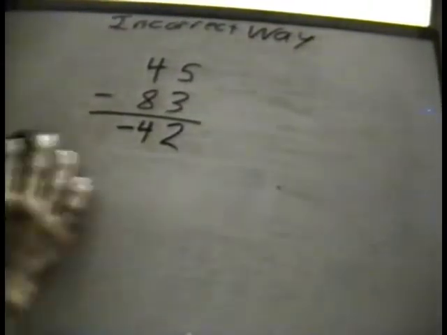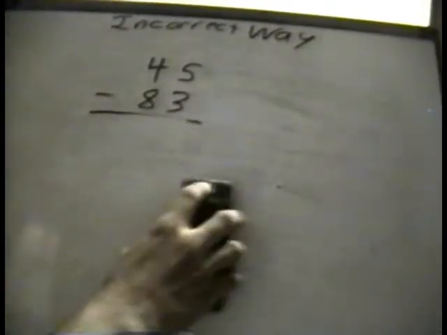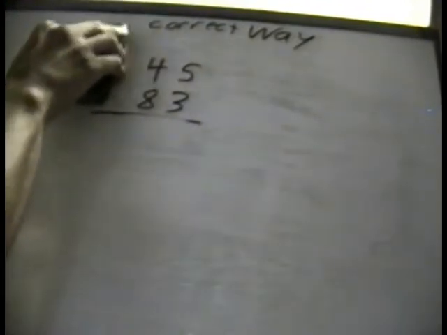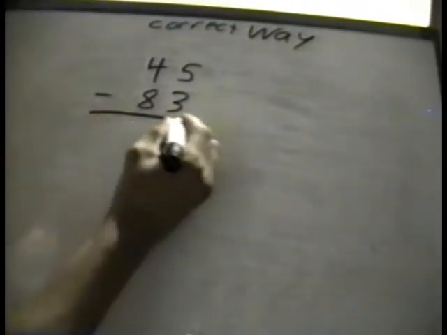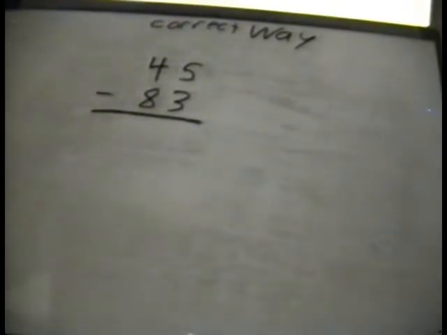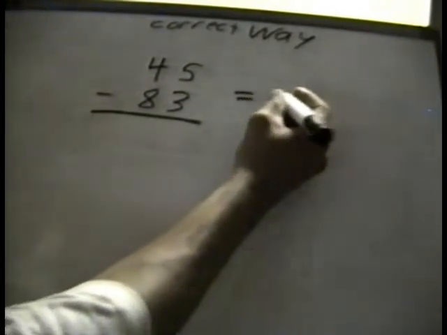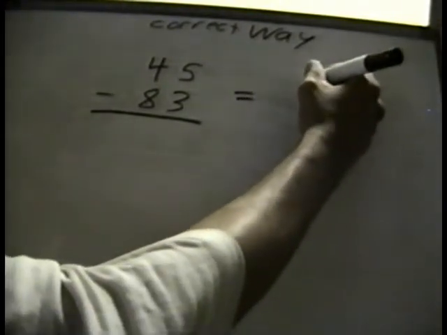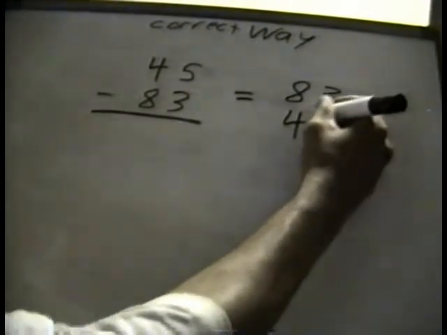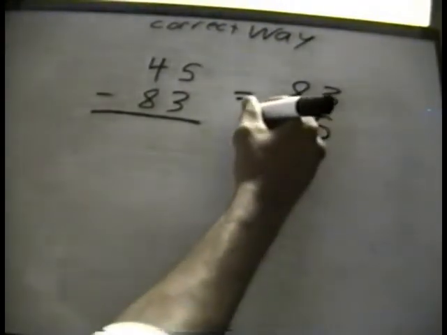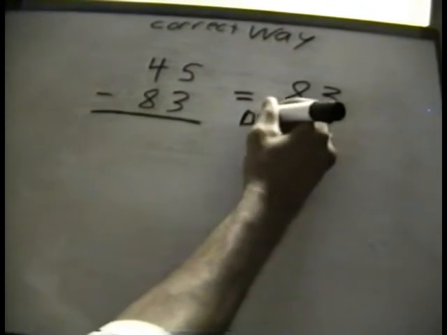Okay, now I'm going to show you the correct way. So what you have to do is rewrite it. You can do it like this. You just flip the numbers.